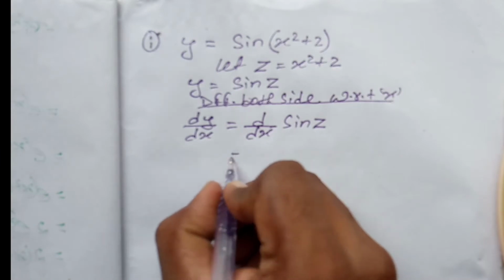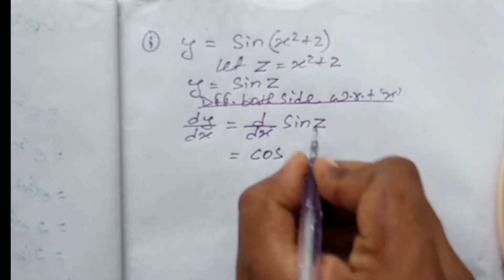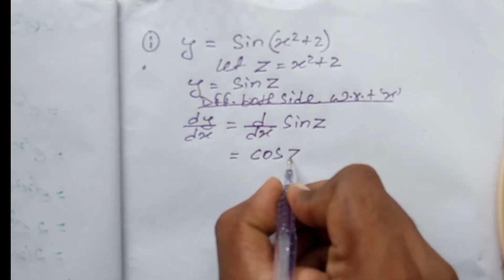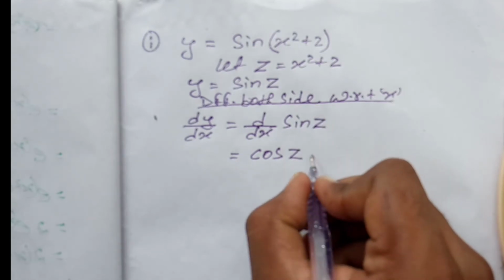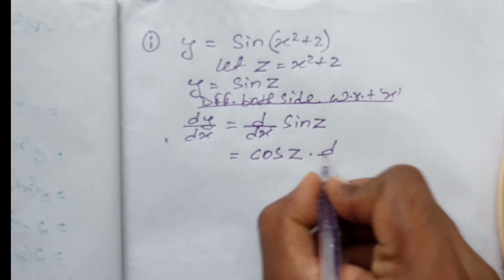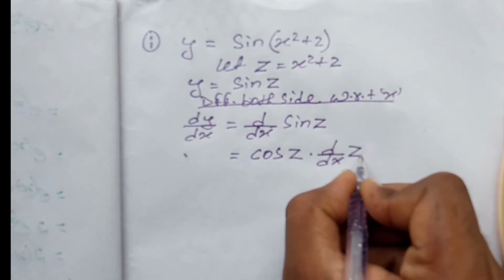Now what is the differentiation of sine? The differentiation of sine is cos, and the angle is z here, so we will put z, and again we have to differentiate z with respect to x, so into d by dx of z. What is z? z is equal to x square plus 2, that we will put here.